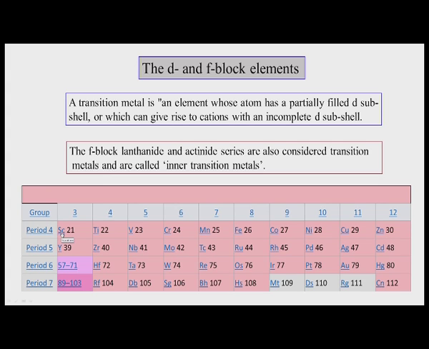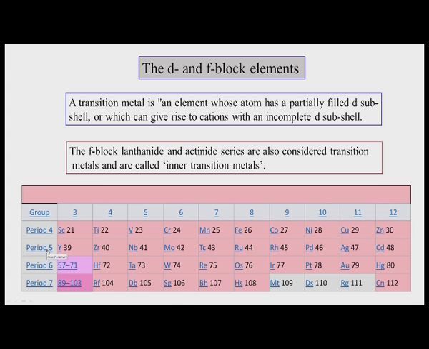So, for period 4 we get scandium to copper, and their electronic configurations follow that they are occupying 3D levels. So, these are the 3D elements or 3D block elements, from scandium to copper.